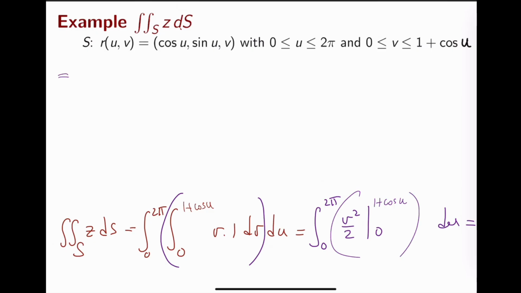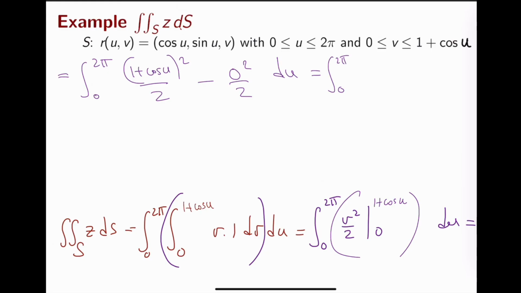I continue here: this is the integral between 0 and 2 pi, and we evaluate v at 1 plus cosine of u over 2, minus, now evaluating at 0, 0 squared over 2, du. So this is the integral between 0 and 2 pi of, we expand this square here and we take the 2 out.